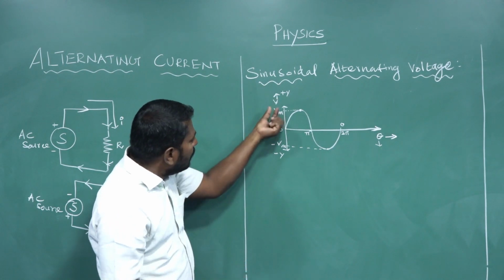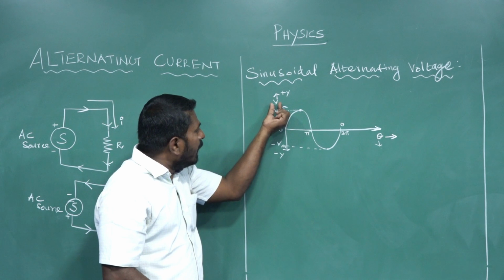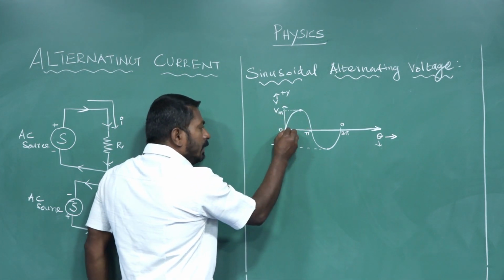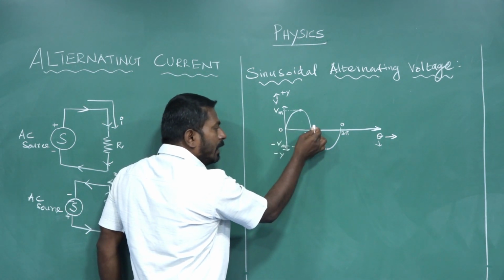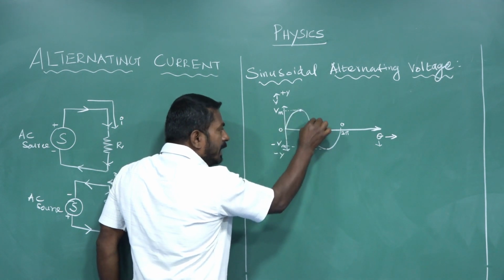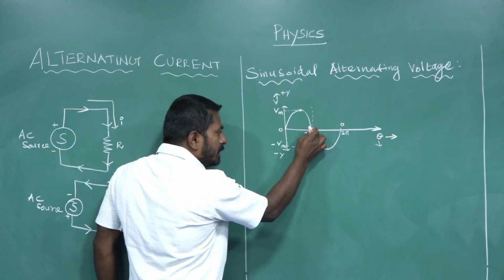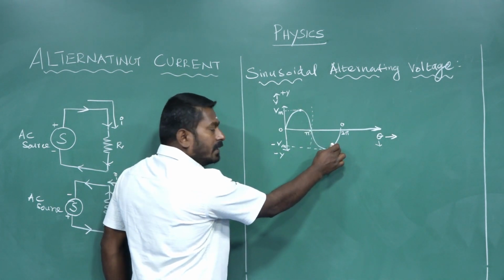Why do we express it as instantaneous? Because alternating voltage changes polarity after a regular interval of time. This is the positive half cycle of alternating voltage. At the end of the positive half cycle, the polarity is reversed.